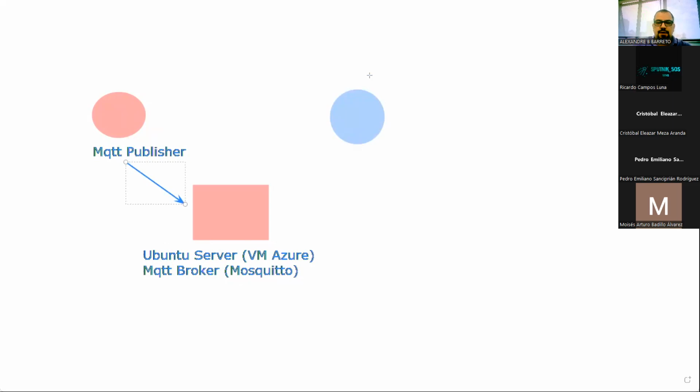And the second one is an MQTT subscriber that subscribes to one topic and receives the data from the broker, okay?